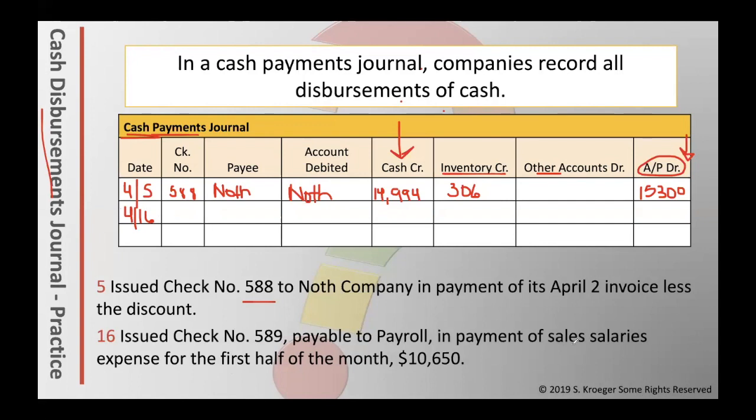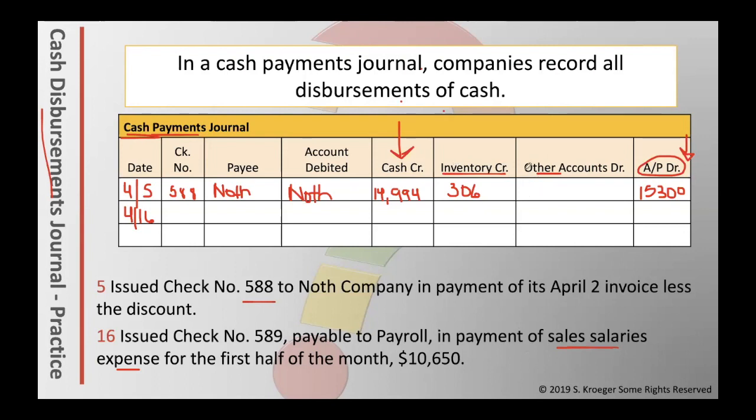If we're paying our salaries expense in cash, it would be a debit to the sales salaries expense account and a credit to cash. Therefore, we need to make sure that we match up the appropriate account names at the top with what that journal entry would normally be. Like I said, it's normally a debit to the salaries expense account. When we look up top, do we have a sales salary expense account?